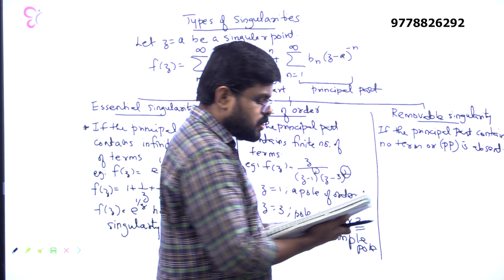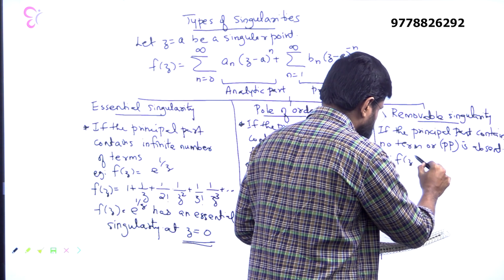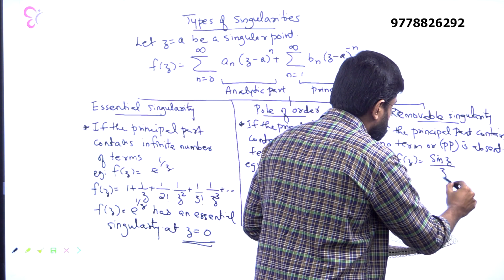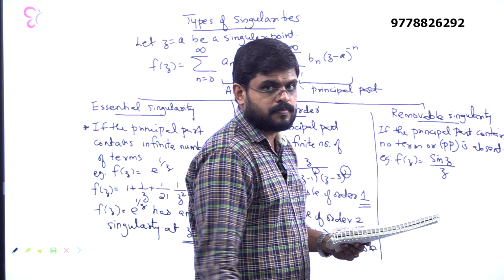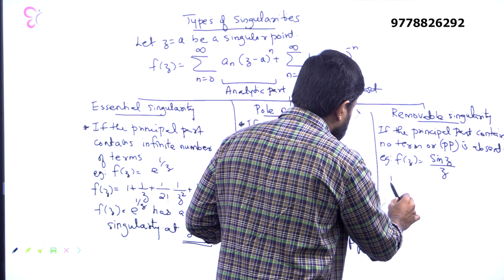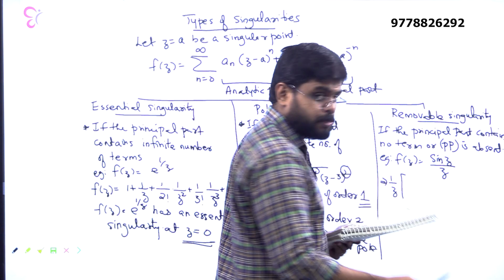Is it clear? So, example, if you consider the function f of z equals sin z by z, you can expand it. f of z equals 1 by z into sin z. What is the expansion of sin z?